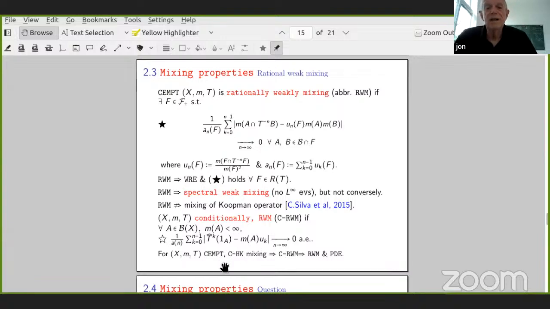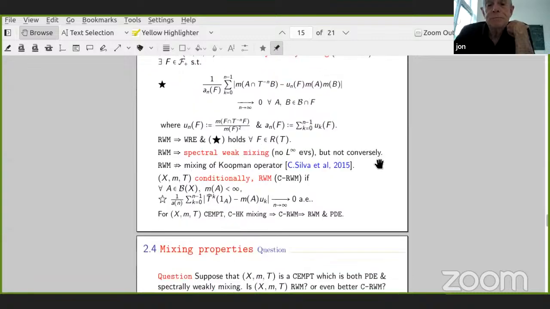Sorry, this should have said pointwise. A pointwise dual ergodic transformation which is Krickeberg mixing should be conditionally rationally weakly mixing. And this, in turn, will imply rational weak mixing and pointwise dual ergodicity. So I'm not going to get pointwise dual ergodicity free from conditional HK mixing.